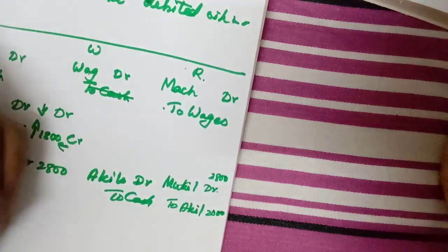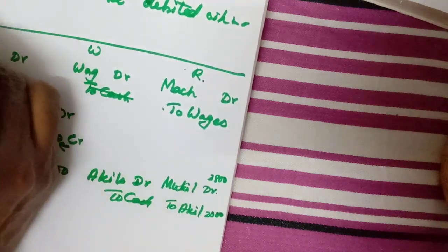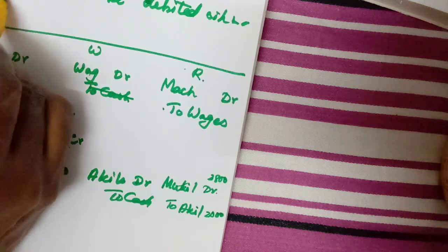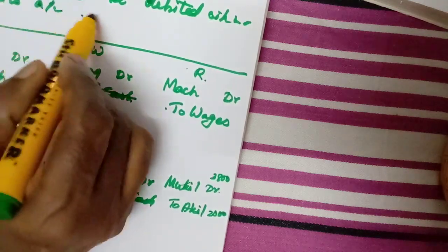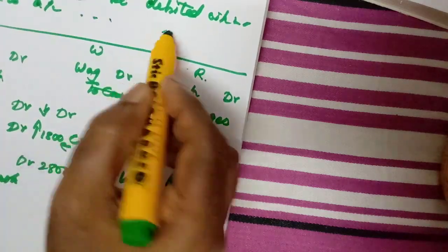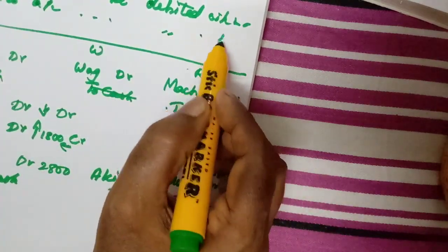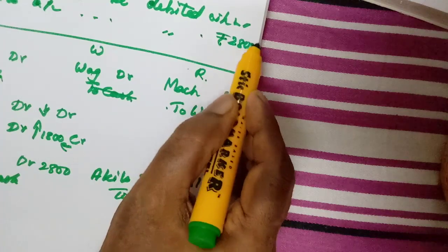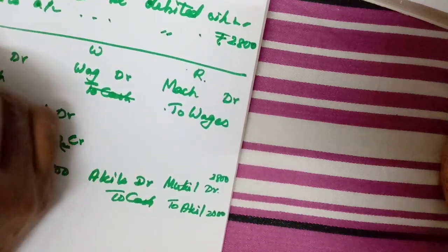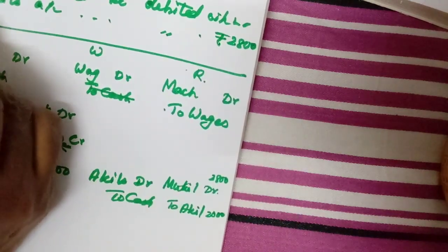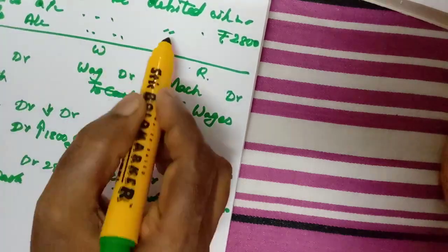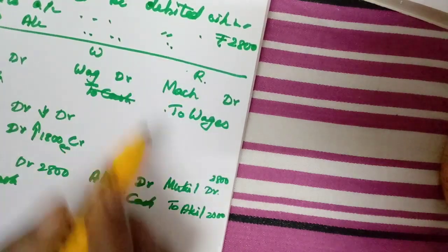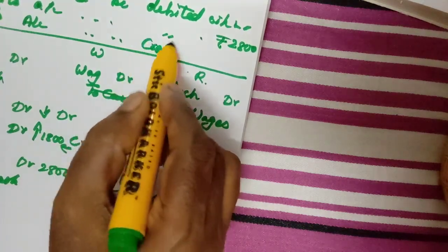E. Mukil's account should be debited with rupees 2800. Then Akhil's account should be credited with rupees 2000.